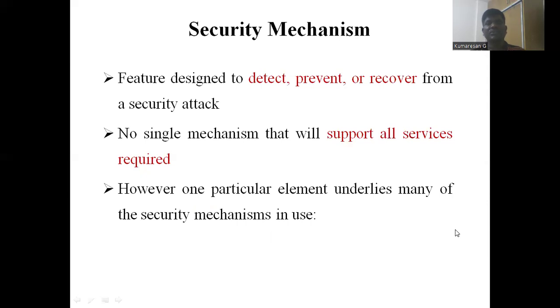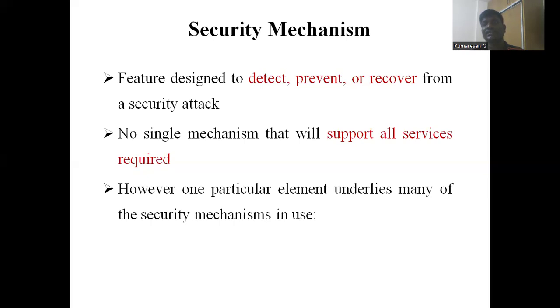And what are the security mechanisms? Features designed to detect, prevent, or recover from a security attack. We need to design the model for detecting, preventing, or recovering from the security attack. Whenever we develop an algorithm, it must satisfy detecting errors, detecting the attack, and preventing the attack.